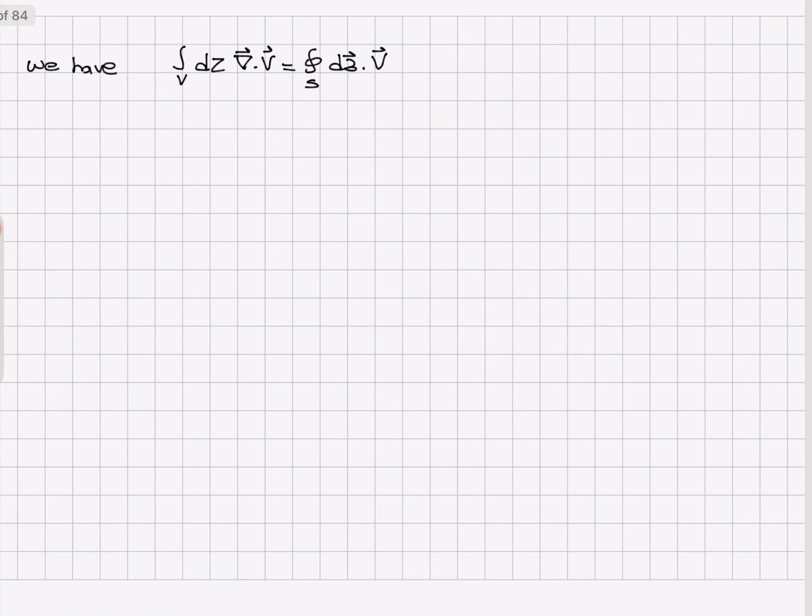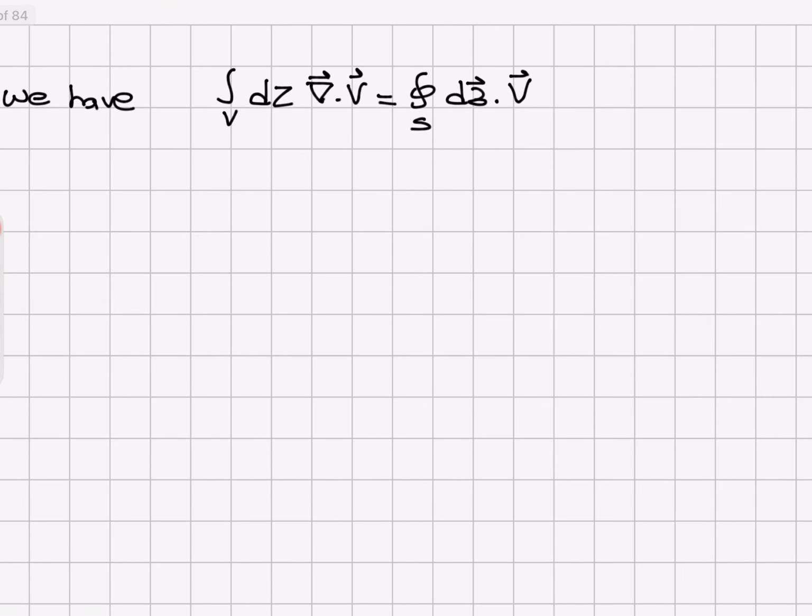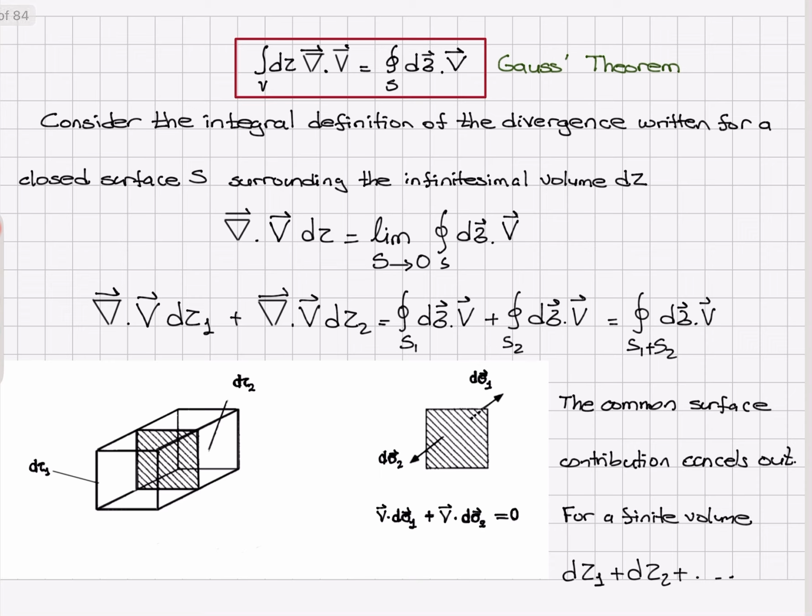Therefore, we have the integral over a finite volume d tau divergence of V is equal to the closed surface integral d sigma dot V, where the surface is defining the boundaries of that finite volume.